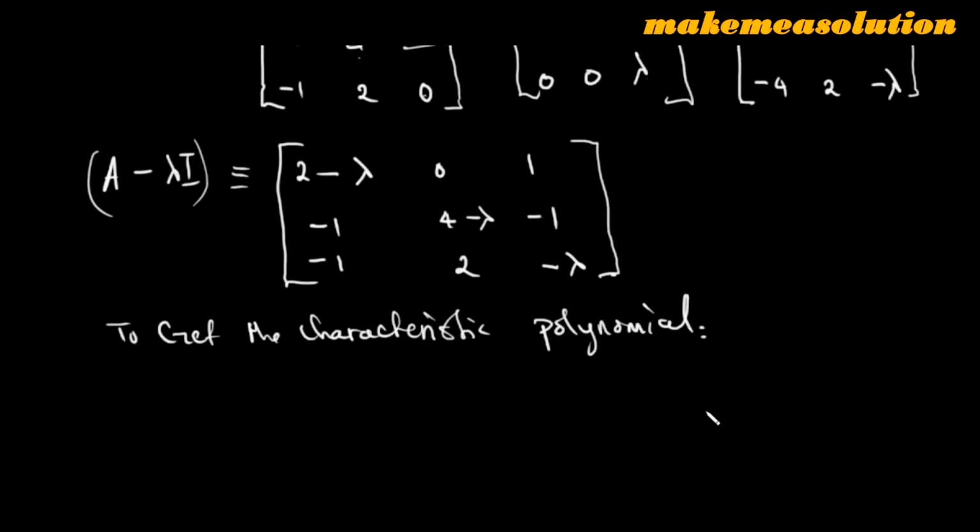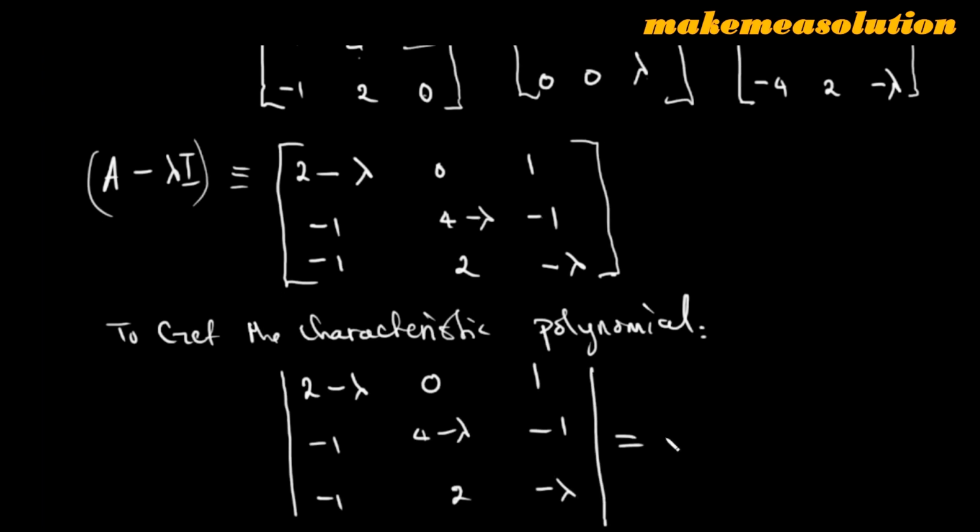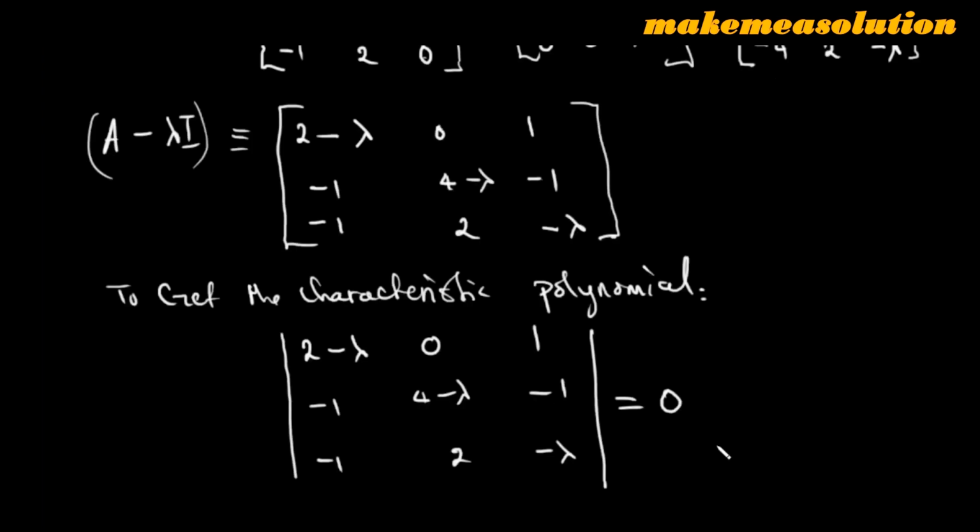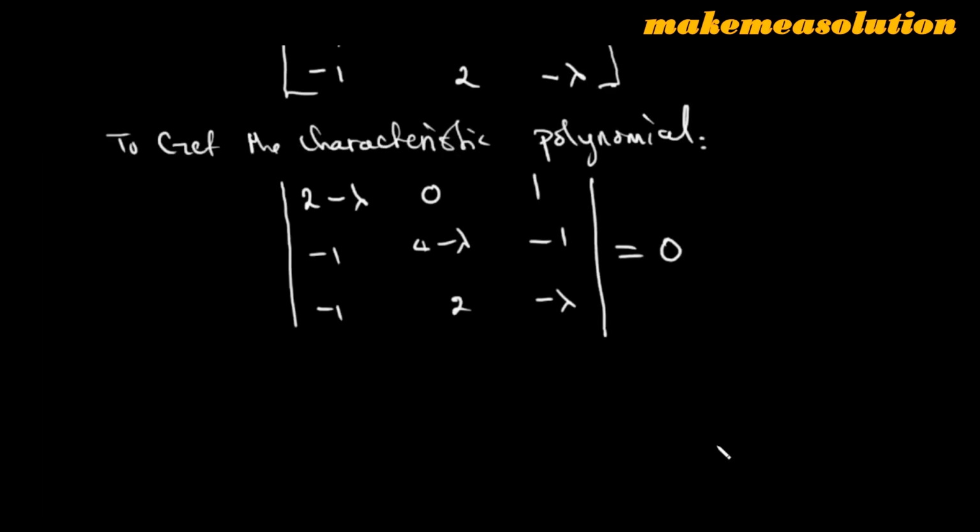The roots of the characteristic polynomial are the eigenvalues. You get that by taking the determinant of this matrix and equating it to 0.